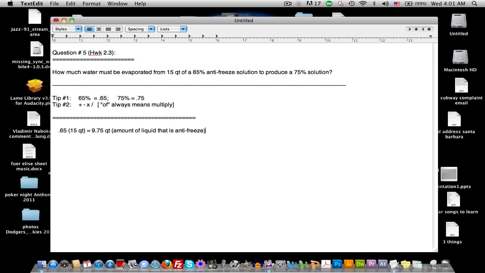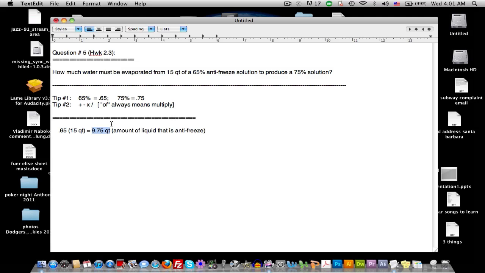That isn't too big of a deal. So now imagine what they're doing here is they're taking away water. Water is the only thing that is leaving this. Now imagine that you have 9.75 quarts of a particular liquid, and that makes up 65% of your total liquid, right?